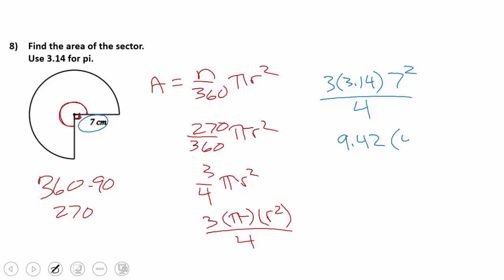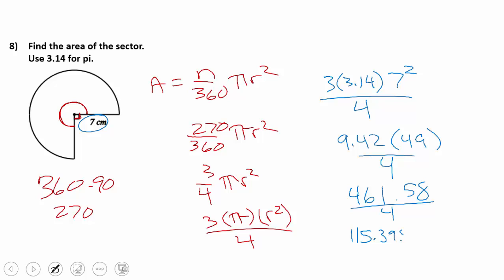And 7 squared is 49, all divided by 4. I'm just going to do the math with the calculator. 461.58 divided by 4 gives me 115.395. So we're going to go 115.4, and our units, centimeters squared, is the area of that circle.